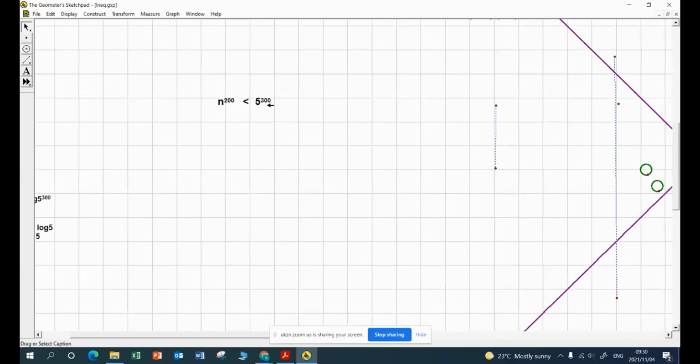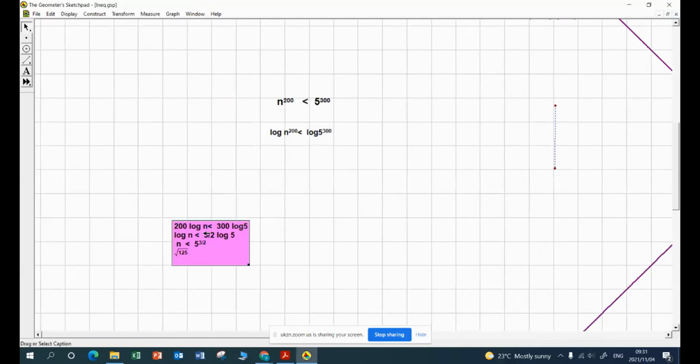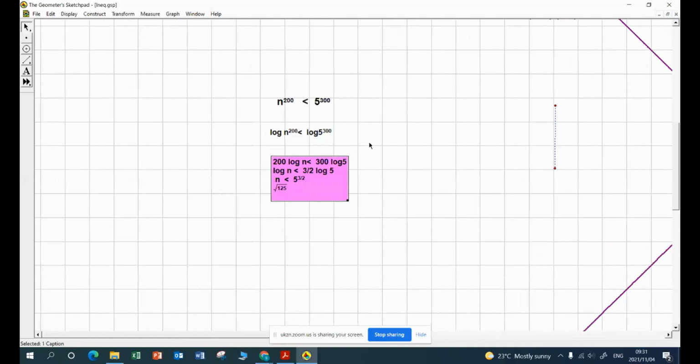There was a question by a student, so I thought I'd quickly do this for you using logs. Take the logs on both sides. You'll get log of n to the power 200 is less than the log of 5 to the power 300. Then using the properties of log, you get 200 log n is less than 300 log 5.